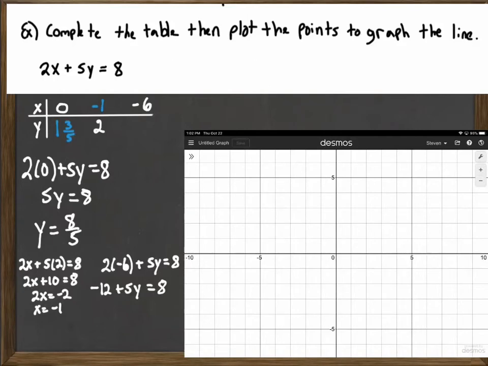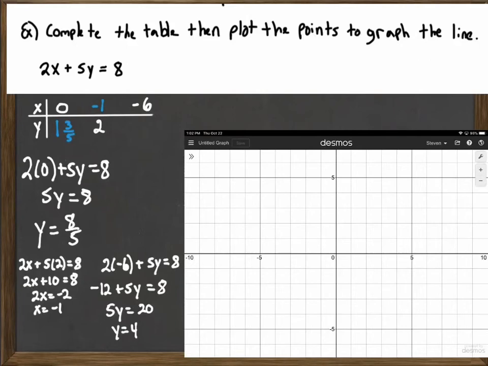So we want to get y by itself. So we bring the 12 over. Since it's negative, we add that to both sides. And then 8 plus 12 would give us 5y equals 20. And then finally we finish it off by dividing both sides by 5, and that happens to go nice and evenly this time. We get y equals 4.